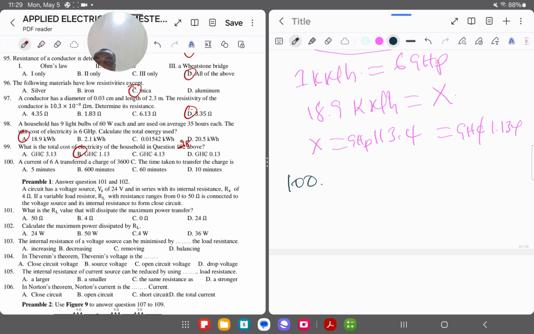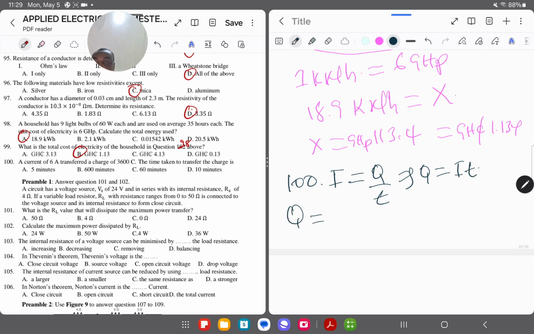So when it comes to current, we know current is the flow of charges, right? Which means the formula becomes charge over time, right? So charge becomes current times time.